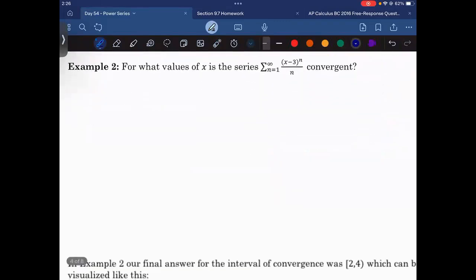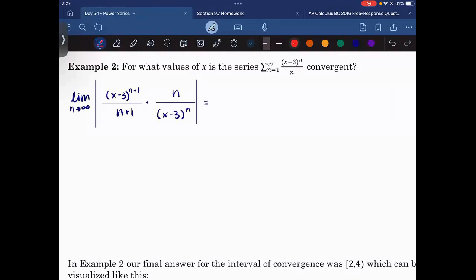And let's do example 2. For what values of x is the series (x minus 3) to the n power over n convergent? Again, we're going to take the limit as n approaches infinity and do the ratio test. We're going to get very good at doing the ratio test. I know because I've been doing a lot of these that we're going to cancel some things.